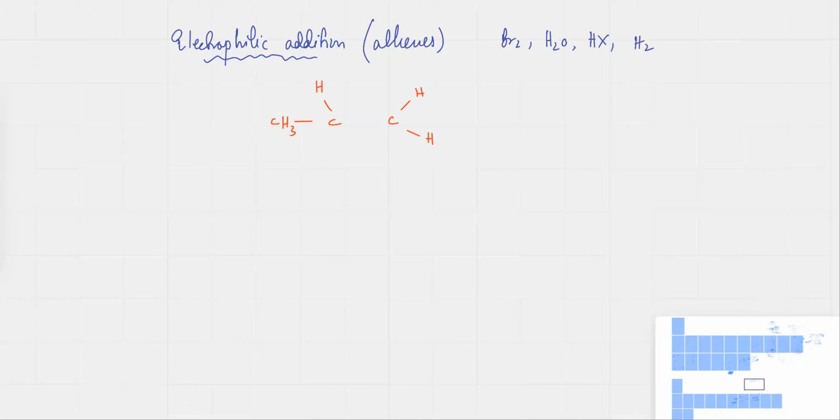A pi bond means there's going to be a sigma bond in the middle, and let me draw these in exact shape. These two carbon atoms will be sp2 hybridized and they are going to form a pi bond.